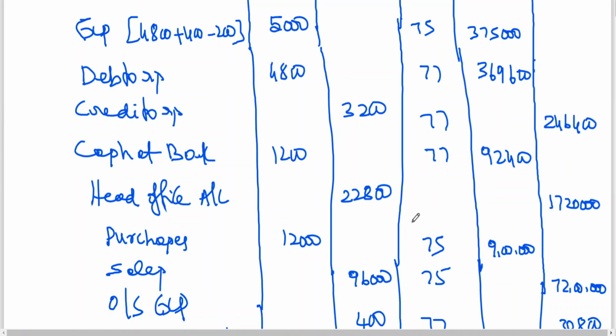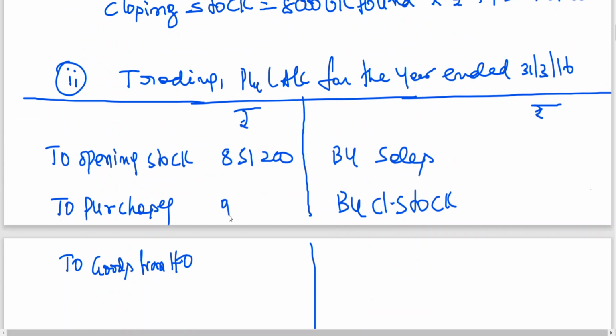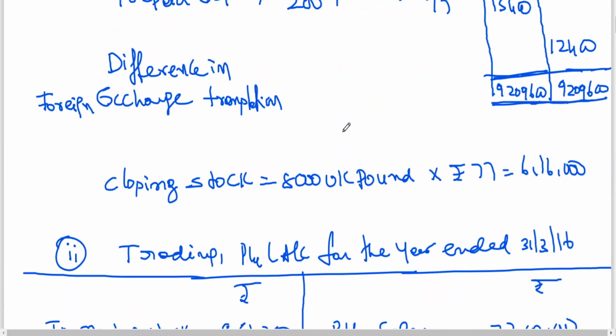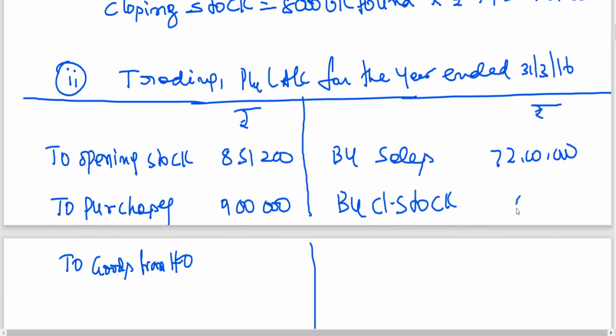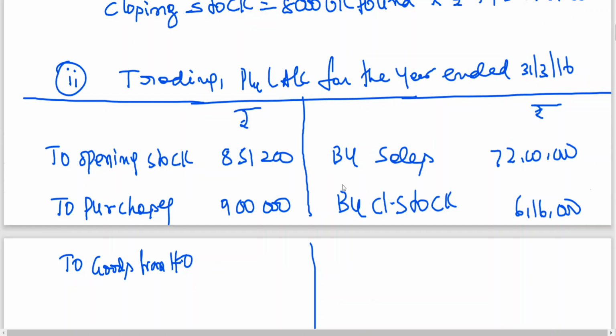Purchases we got here 9 lakhs, sales 72 lakhs. Just now we got closing stock also. What is closing stock? 6 lakhs 16,000. Goods from head office has been given here, 49 lakh 26,000.